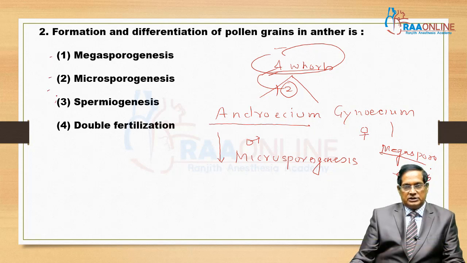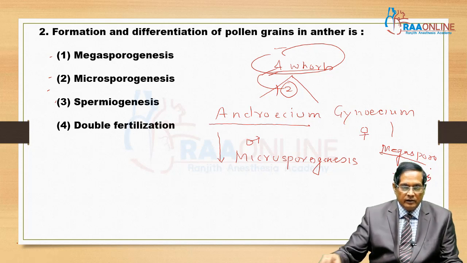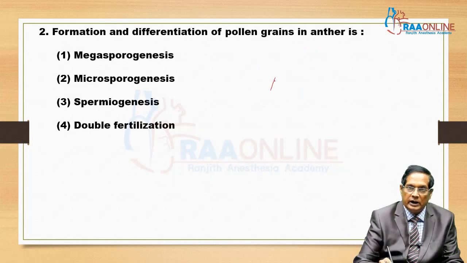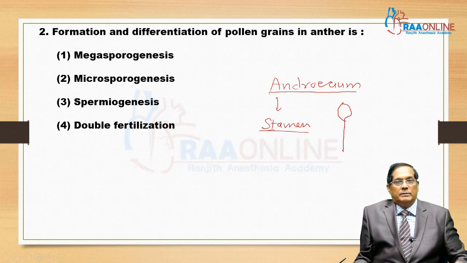Coming to androecium, the units of androecium are known as stamens. In a stamen there are 2 parts, anther and filament.